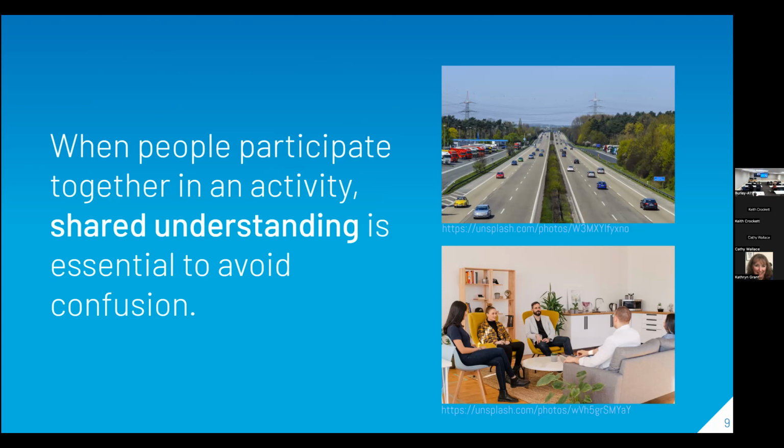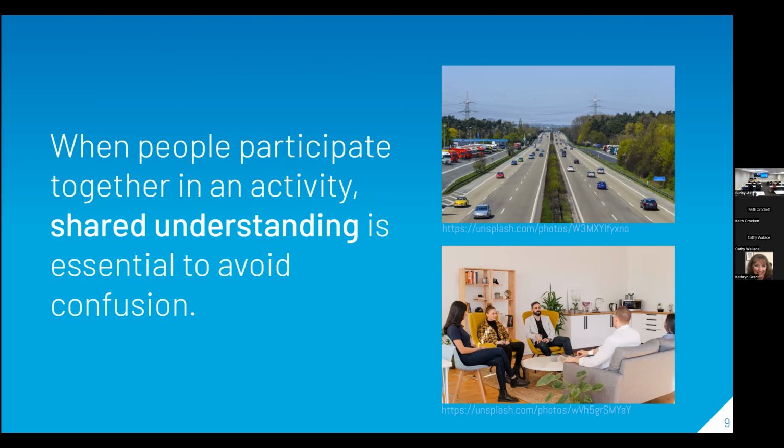Another example is words. When we speak to each other in order to communicate, we need to know what the words mean, right? Have any of you gone to a foreign country where you didn't speak the language? And you heard sounds coming out of people's mouths, but what did it mean?